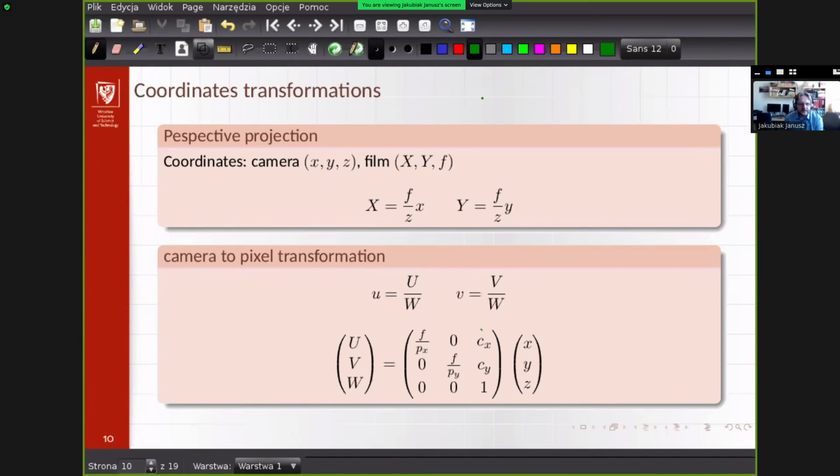Okay, so those are the two main formulas that you need to remember. So transformation from global frame to camera frame using the standard transformation matrix, and the camera to pixel transformation using these formulas.